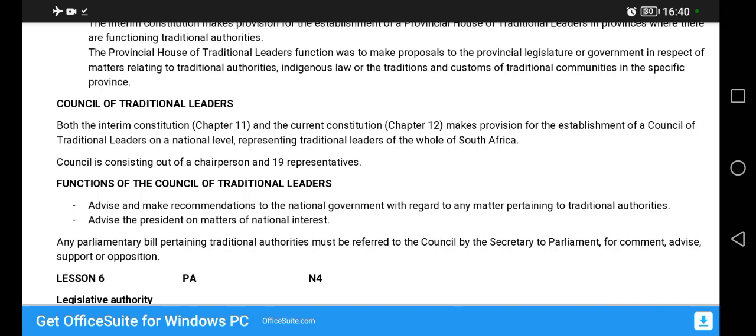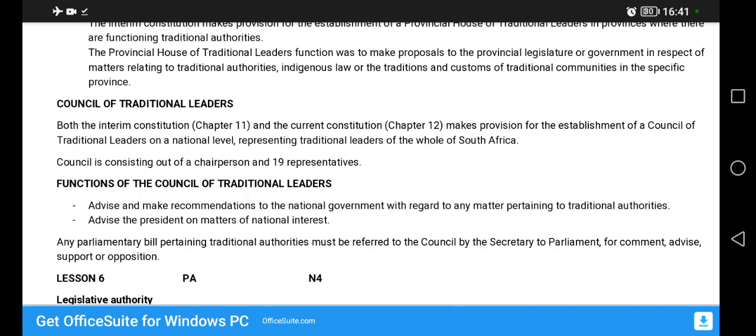In the national government. Where is the national government? The national government, it is the legislature. What is the legislature? It is where parliament is. It is where those two houses of parliament are, which are the NA and the NCOP, right?